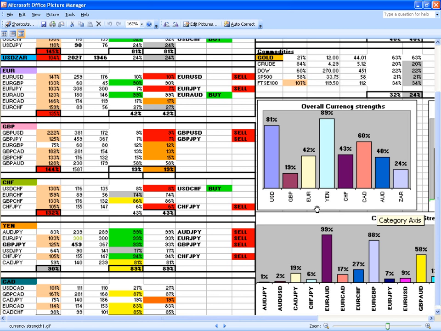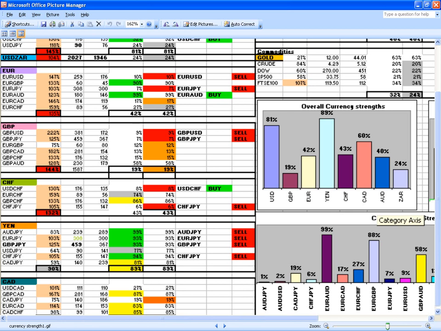So over here, a possible trade, if you're looking at the pound against the US dollar, would be to sell the pound and buy the US dollar, i.e. sell pound US dollar. Another trade would be to sell the pound against the yen, i.e. sell pound yen. That's just one of the ways of looking at it and trading it.